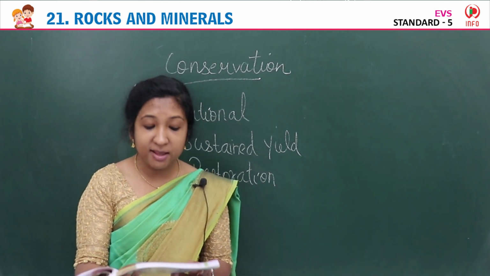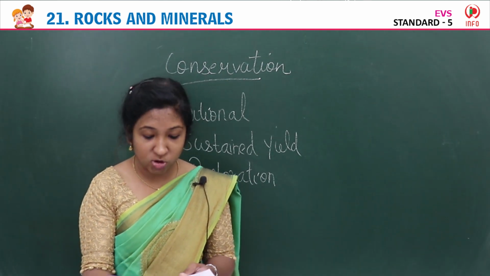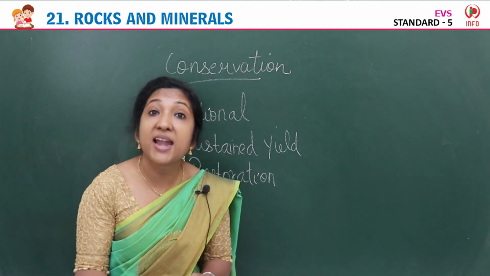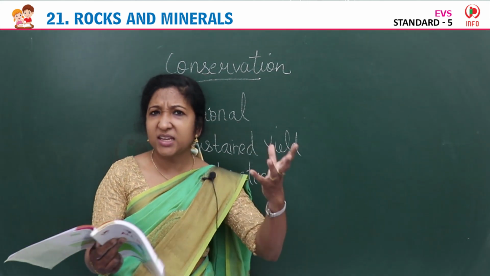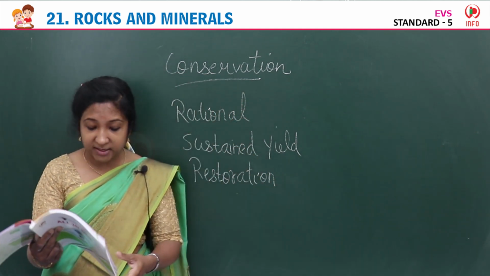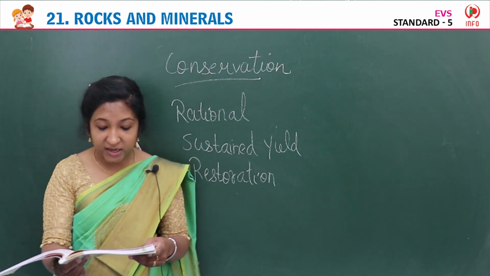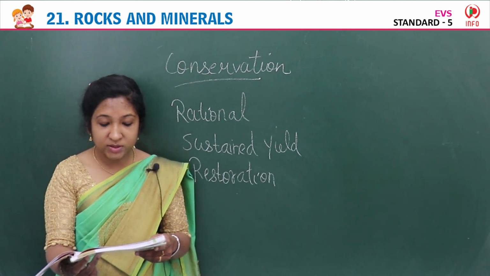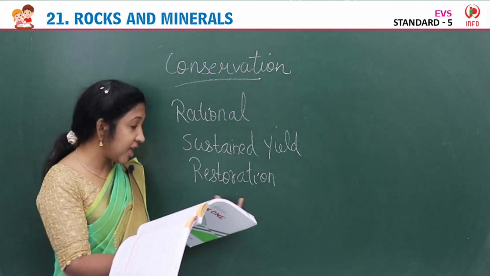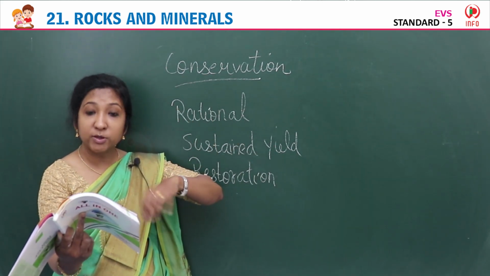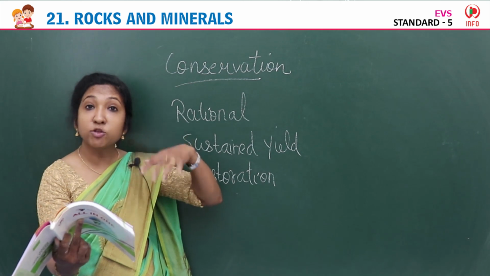It is a widely familiar conservation measure, which is essentially the correction of past careless activity. We need to correct those past careless activities that have impaired the productivity of the resource base. So restoration means bringing back to the former position, which means we have to improve the condition.